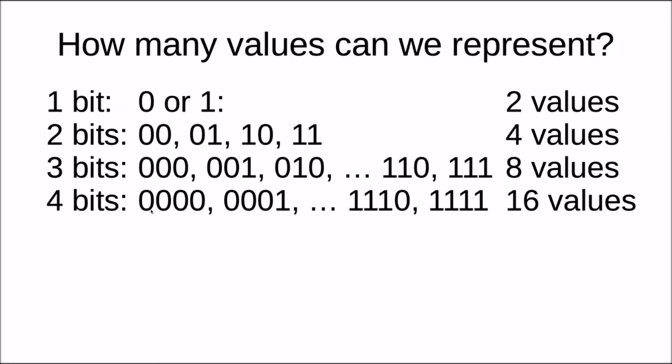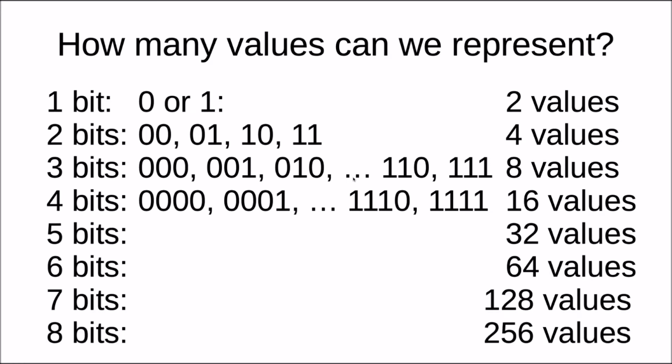One time we added 0 in front, and one time we take the values and add 1 in front, with the 4th bit being 0 or 1. Now, if we have 5 bits, we can represent 32 values. 6 bits, 64, 7 bits, 128, and 8 bits, 256 different values.